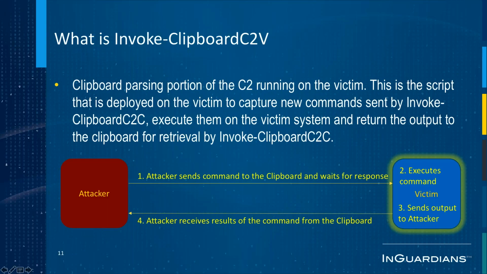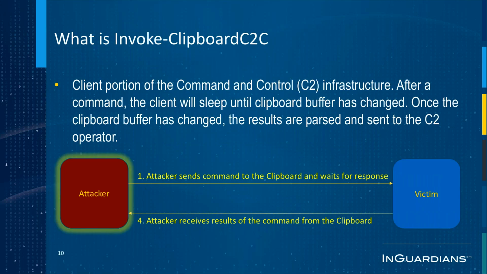All right, so the next step here is, with the logger piece, we know that we can actually sit on a target and harvest credentials, sensitive data, things of that nature. Another thing that we utilize this tool for is the command and control piece. So basically, we have an attacker that utilizes this tool and sends a command over the clipboard.